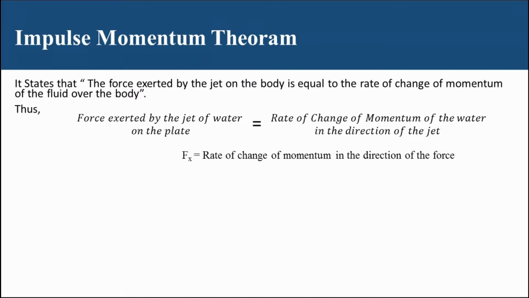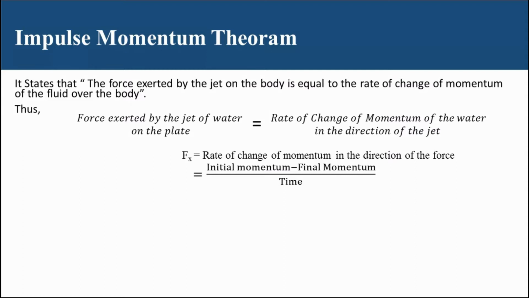Thus we can say Fx, the force exerted by the jet on the plate, equals the rate of change of momentum. Now what is the rate of change of momentum? It is nothing but the difference between the initial and final momentum taking place per unit time. Mathematically, it is initial momentum minus final momentum per unit time.